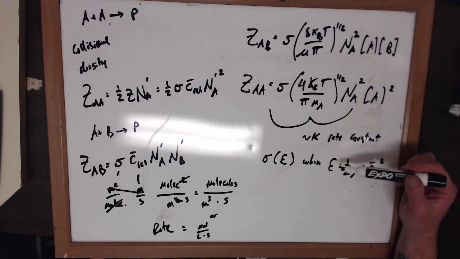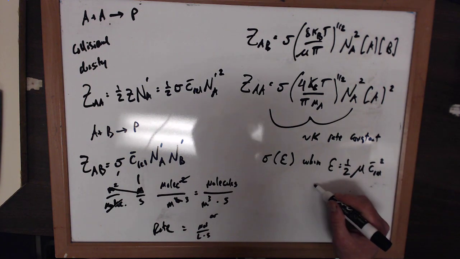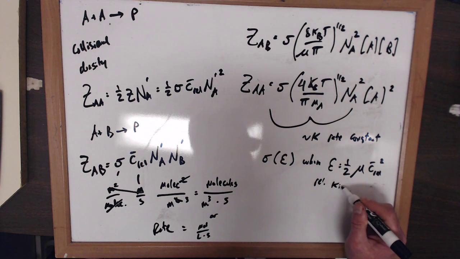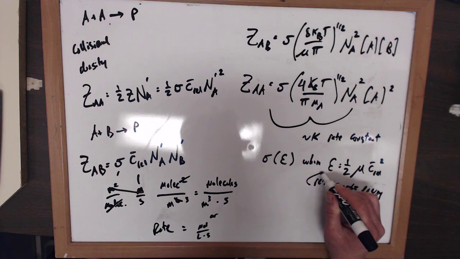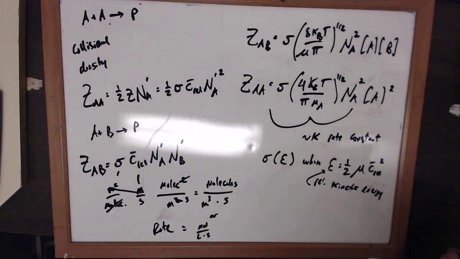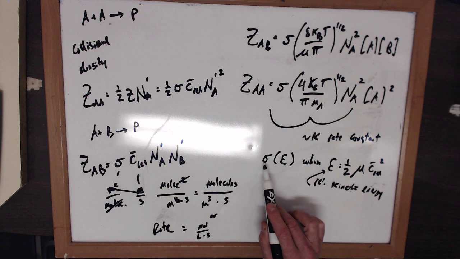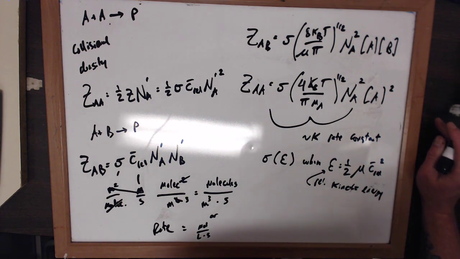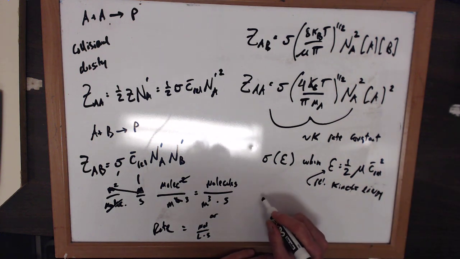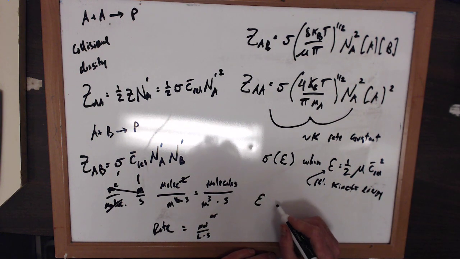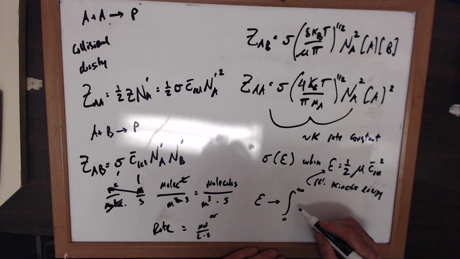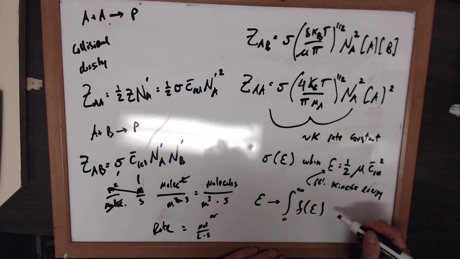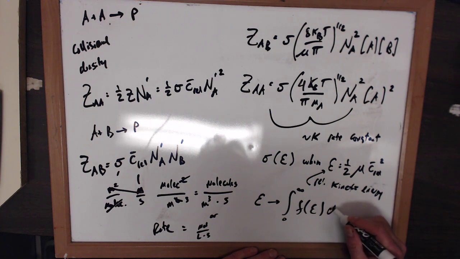But this is now my relative kinetic energy. And now what I really need to do is write my cross-section, my collisional cross-section, as a function of the relative kinetic energy. And to do that, we need to consider the Boltzmann distribution integrated from 0 to infinity, fraction of molecules with kinetic energy eta.